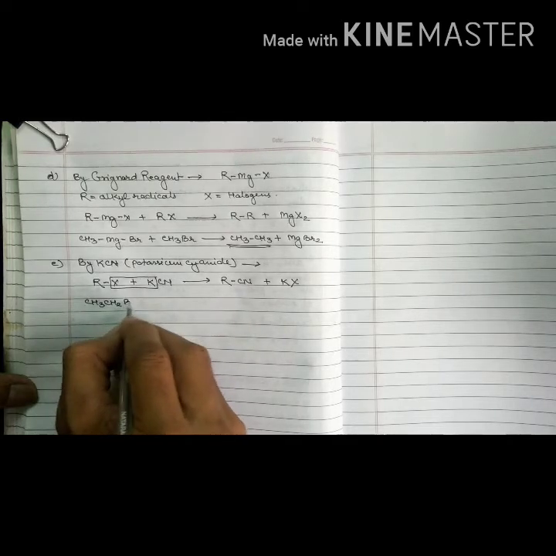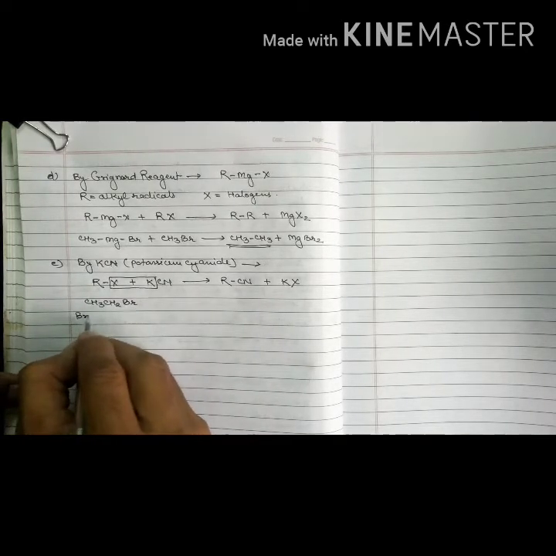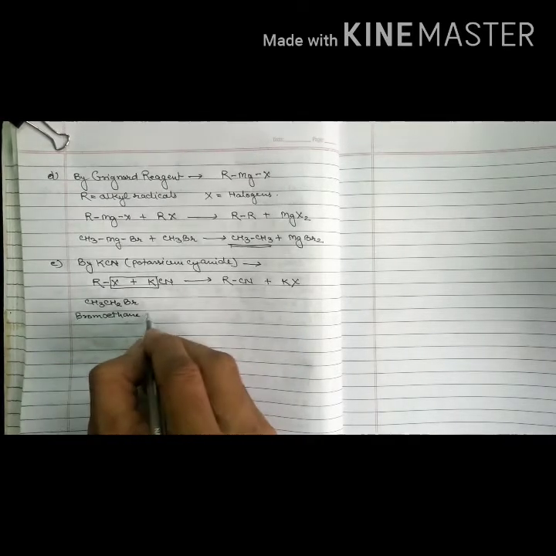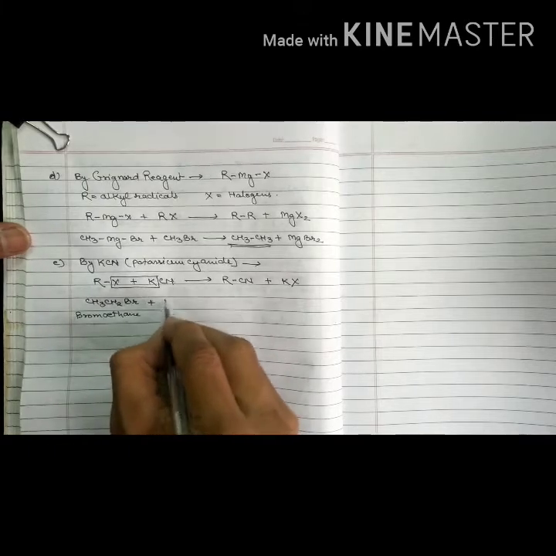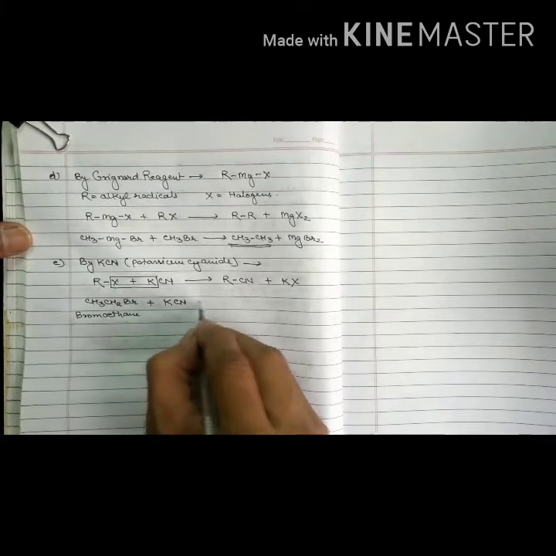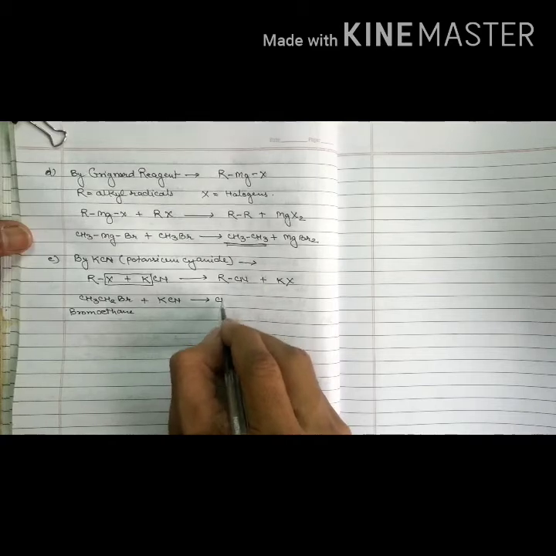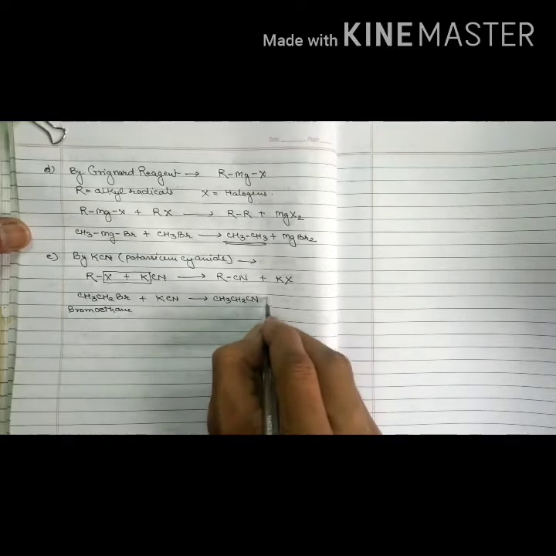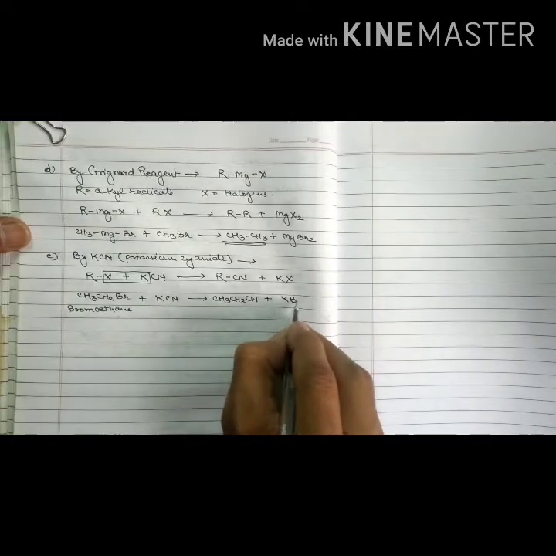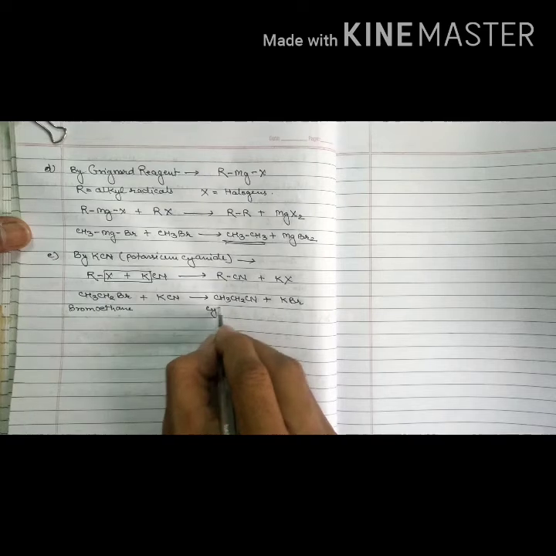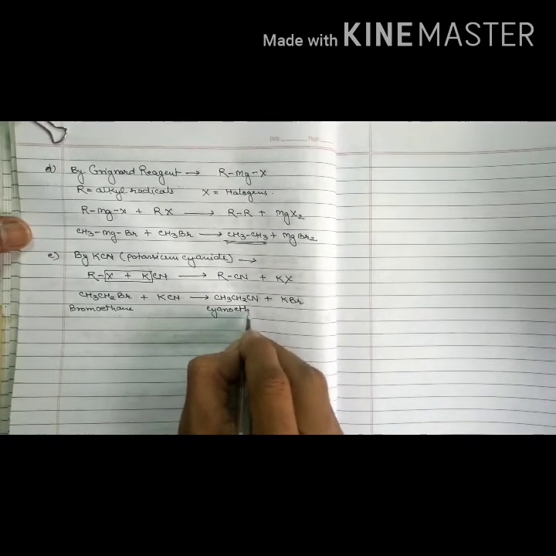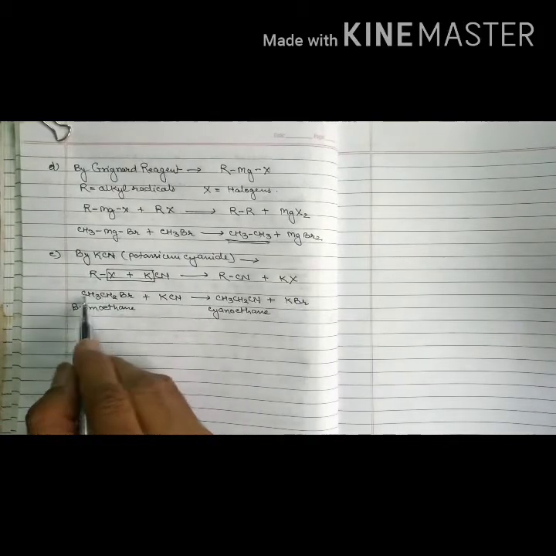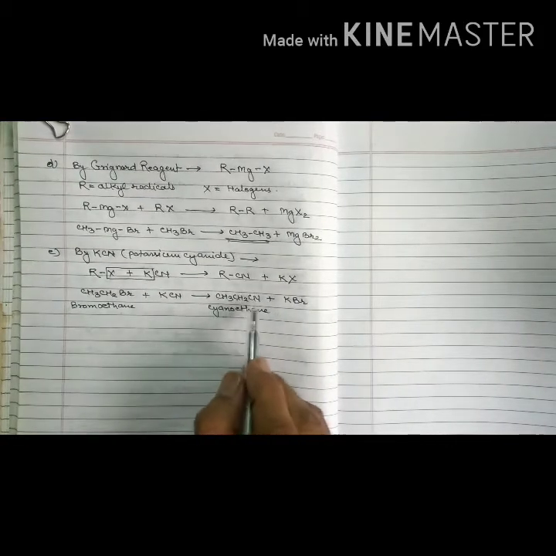CH3CH2Br, bromoethane, plus potassium cyanide gives CH3CH2CN plus KBr, cyanoethane. Here the carbon number is only 2, while here it is 3.